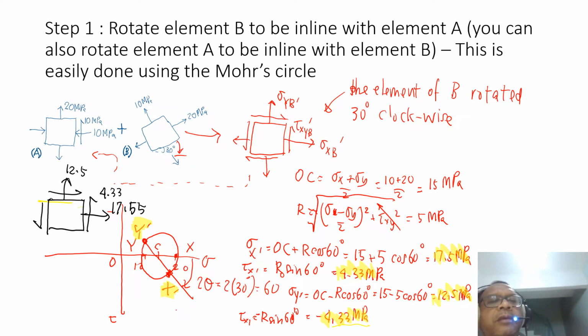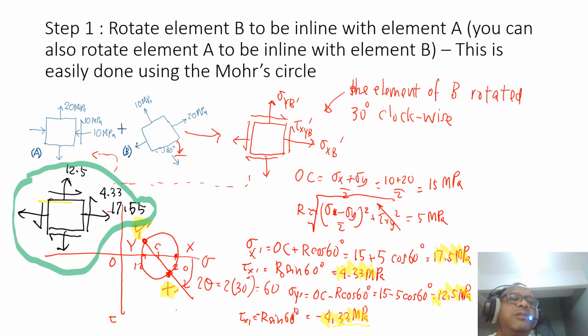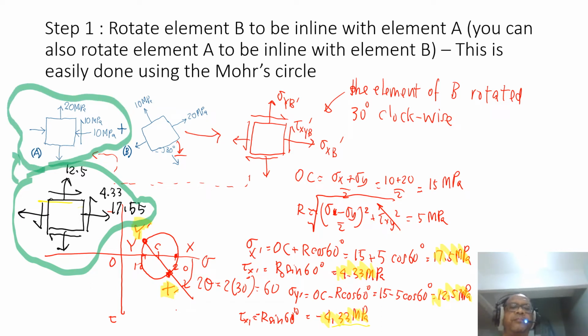Okay, and that is your new stress element, which is now oriented in the horizontal direction, which is similar to this direction. Now you can sort of add them together.